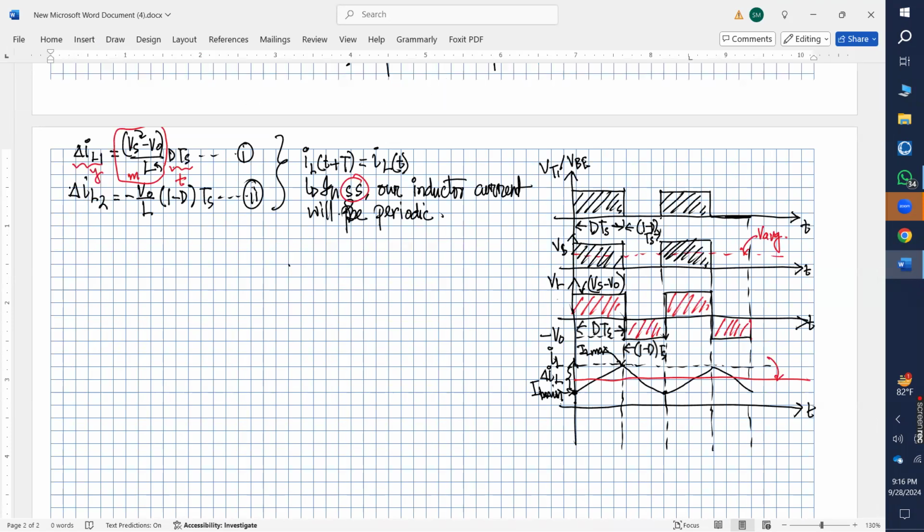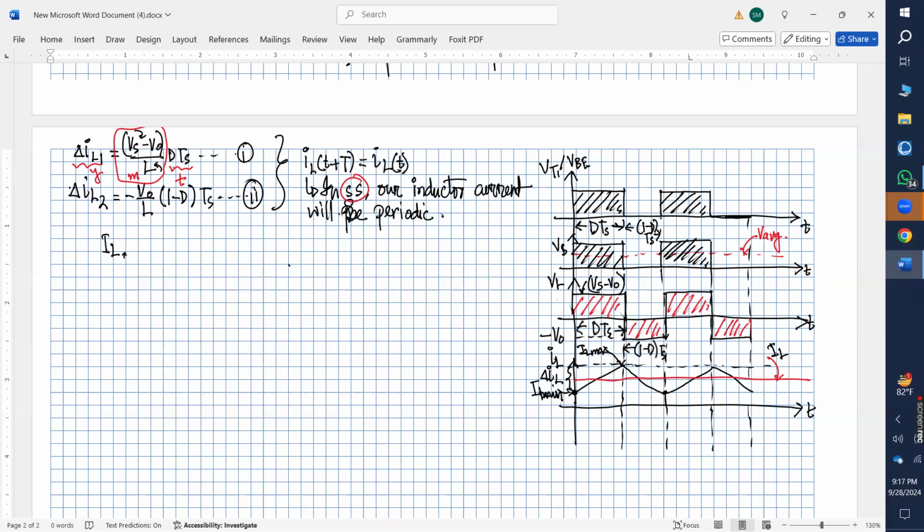So this average current, we are considering as IL. The total difference between IL min and IL max, we are considering as del IL. So if you want to get the equation of IL max, what can we write?